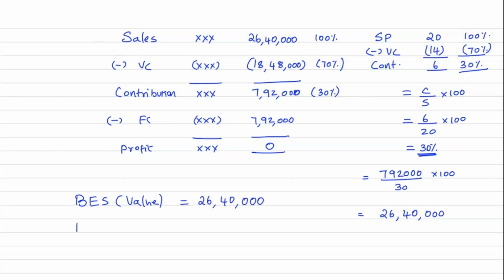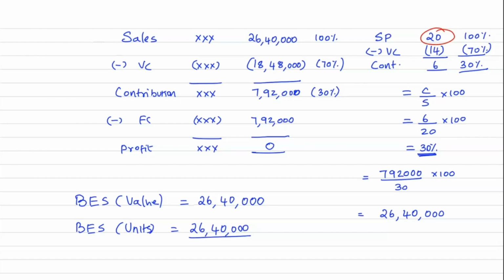But we should also find out what is the break-even sales in terms of units. That is simple. Take the sale value 26,40,000 divided by selling price per unit. What is the selling price per unit? It is 20 rupees.